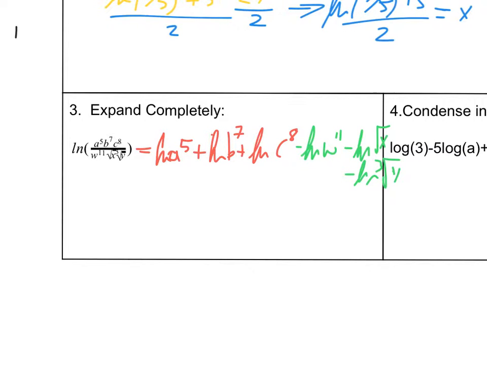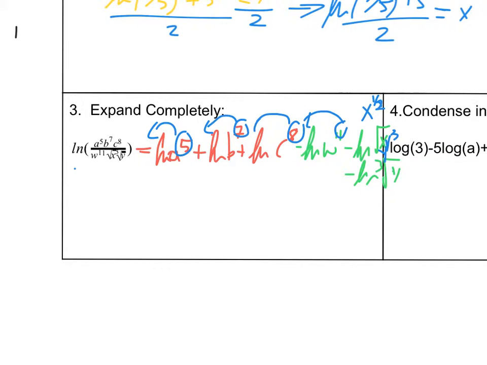The next thing to do is to bring these powers down front. Every single power comes down, and that includes our radicals. Square root of x is equal to x to the 1/2, and cube root of y is y to the 1/3.